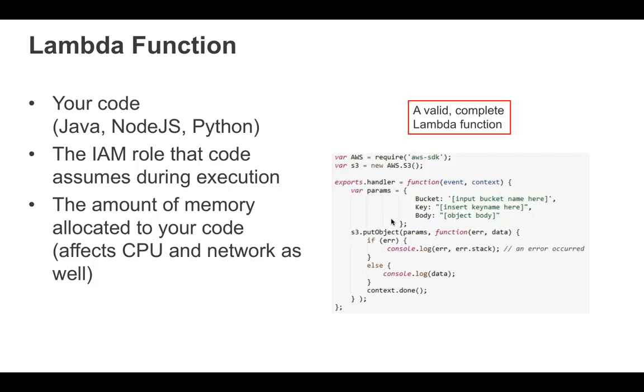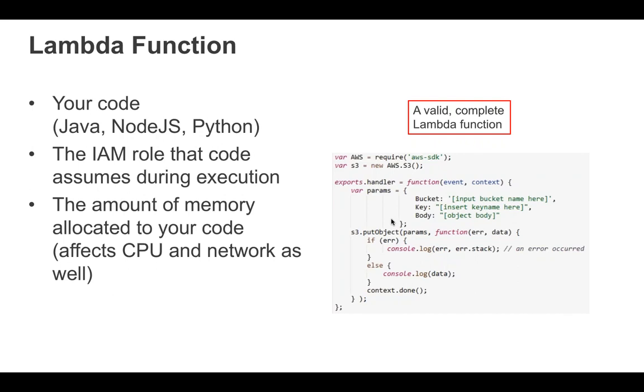The function can be your code written in either Java, Node.js, JavaScript, or Python. I've got an example here of a Lambda function on the right-hand side written in JavaScript. You assign an IAM role that the code assumes during execution. IAM, of course, is Amazon Web Services Identity and Access Management.